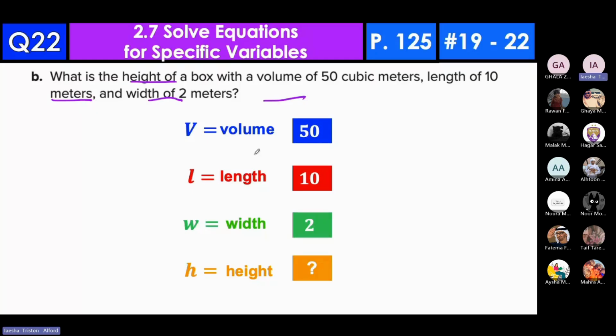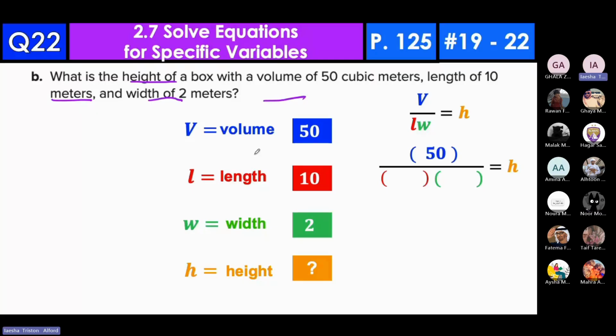Part 3, write your equation. You're not writing V, you're not writing L, and you're not writing W. Put parentheses. After you put parentheses, put the numbers inside. What number is V? 50.